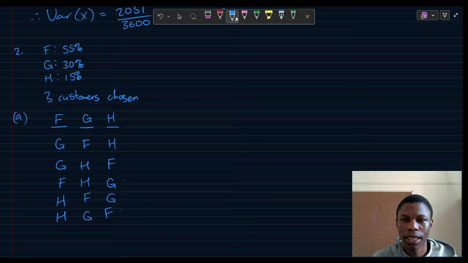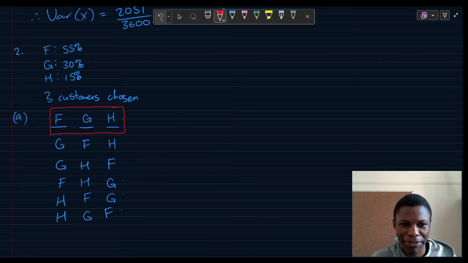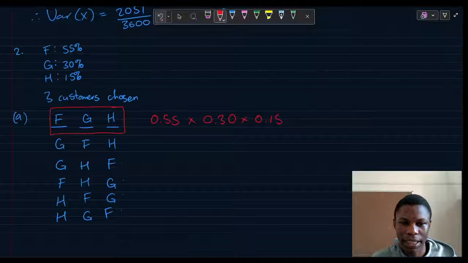So if we find the probability of this arrangement, buying from F, that's a 55% chance, so 0.55, times buying from G, that's a 30% chance, 0.3, times buying from H, that's a 15% chance, so 0.15. And you find that this probability will be the same for this scenario, this scenario, this scenario, this scenario, and this scenario.